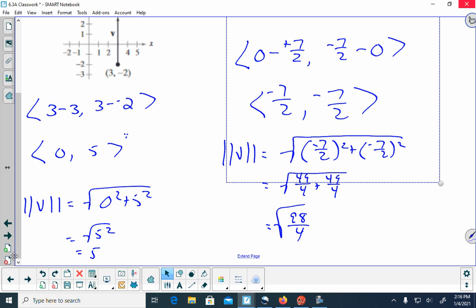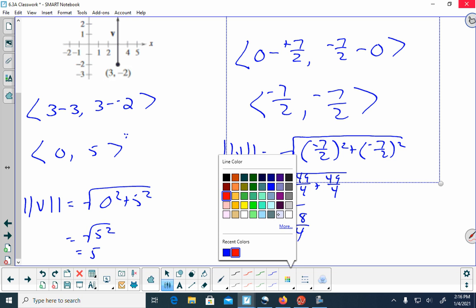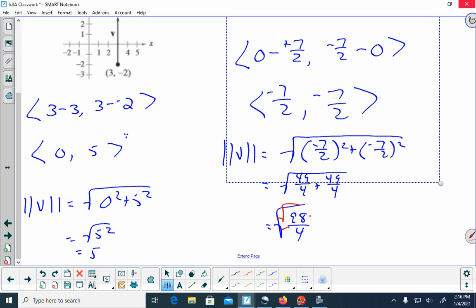I'm taking the square root of 98 over 4. I know 49 will go in there, so 7 times the square root of 2 over 2. And that is going to be my magnitude.